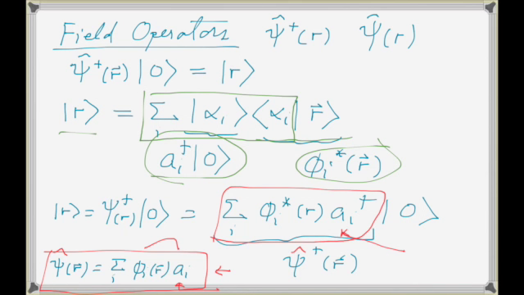So everything acting on R here, this phi I star, AI dagger, that's going to become your field operator. So the final answer is down here in the red boxes. So psi dagger is this sum over I, phi I star R, AI dagger, and similarly down in the lower left-hand corner. So we can just transform back and forth between the two.